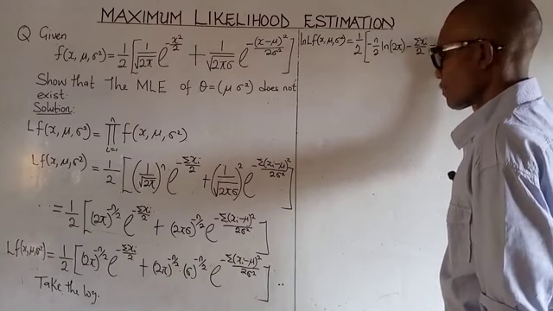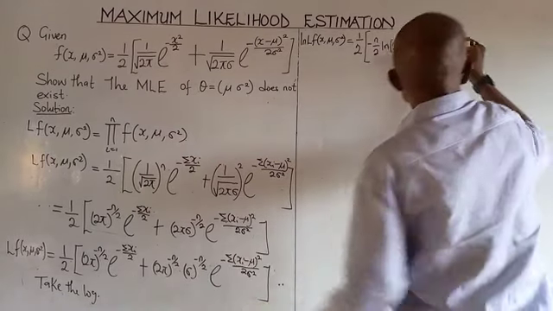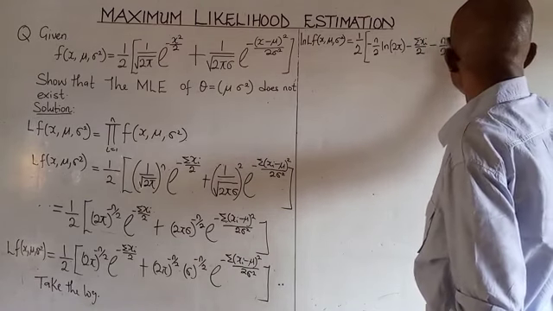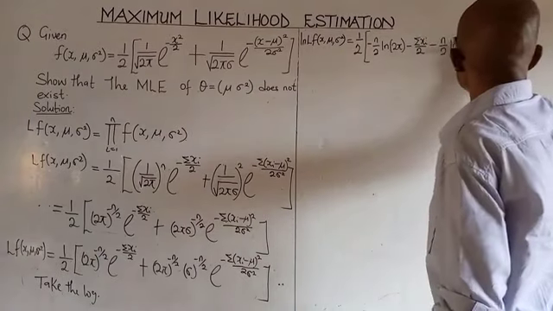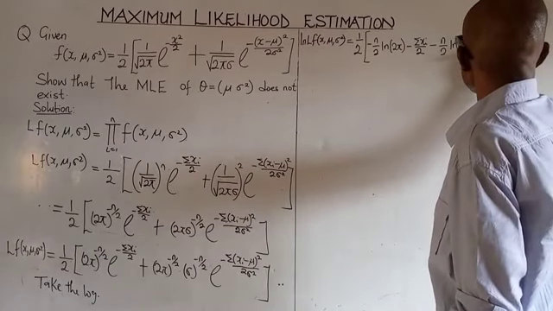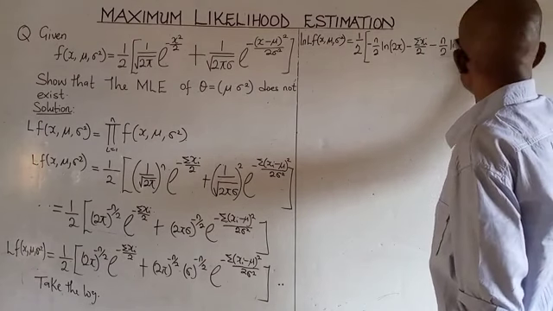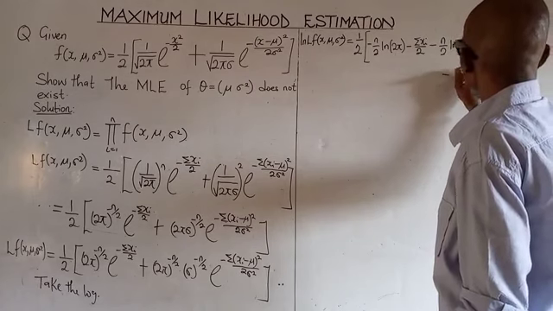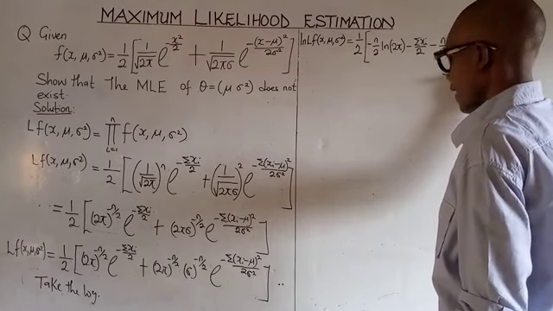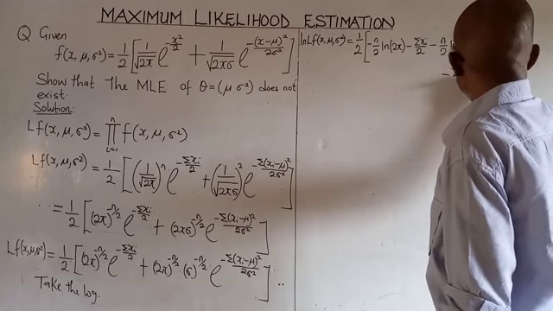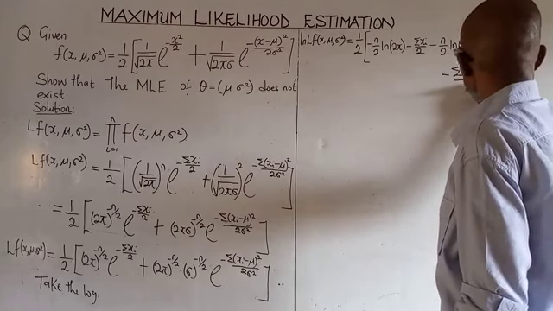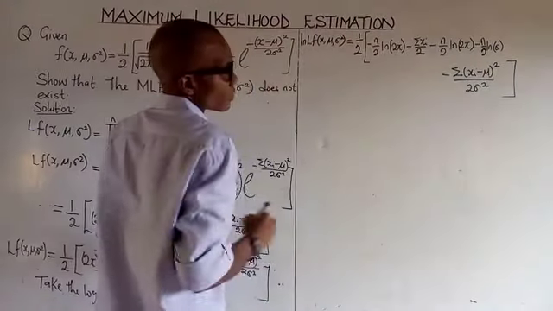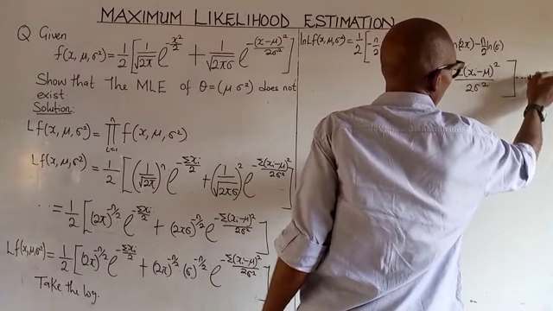We take the log of that, we have n all over 2 log 2 pi. We take the log of this, we have minus n all over 2 log sigma. If we take the log of this, we have minus summation of xi minus mu all squared all over 2 sigma squared. Let's call this equation star.